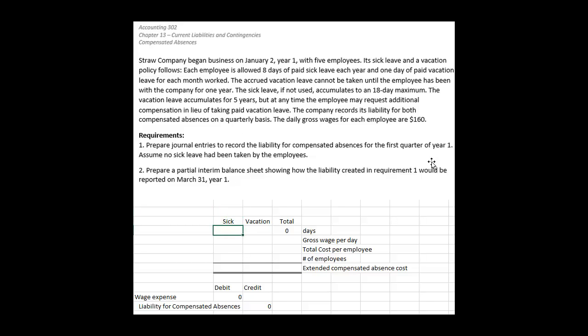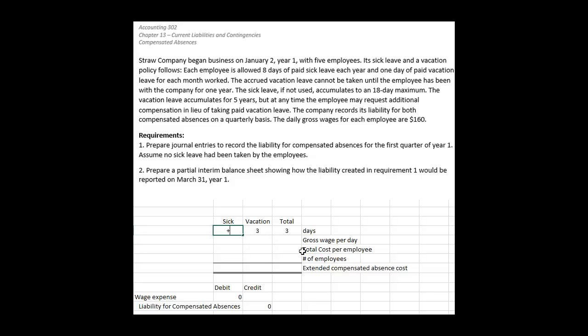And so we're looking at the end of the first quarter, which is 3 months, and I've developed 2 columns here, one for sick time and one for vacation, and then a total. And so the vacation, they tell us that they earn 1 day per month, so 3 months have passed, they've earned 3 days.